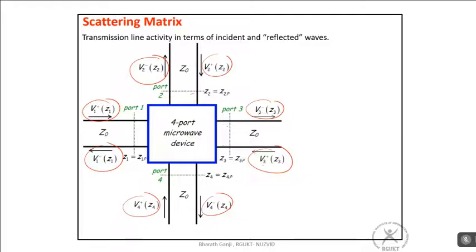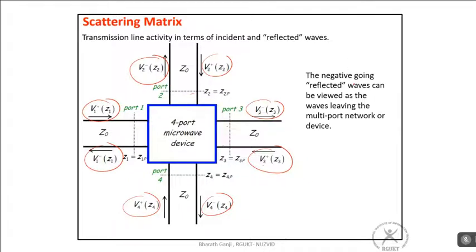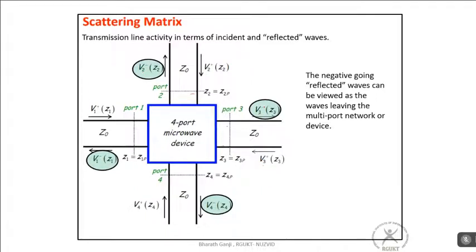So here, one thing you need to understand is that at every port, the negative ones are the waves which are reflected at the corresponding port. At port 3, the wave that is reflected back is given by V3 minus.